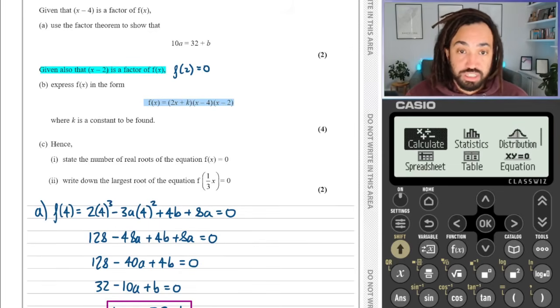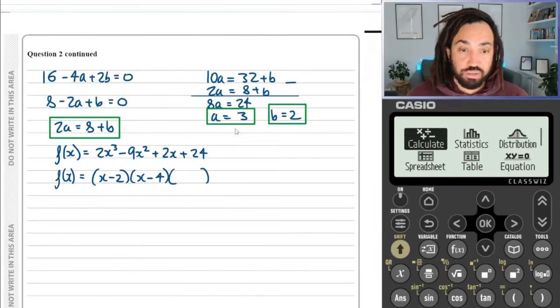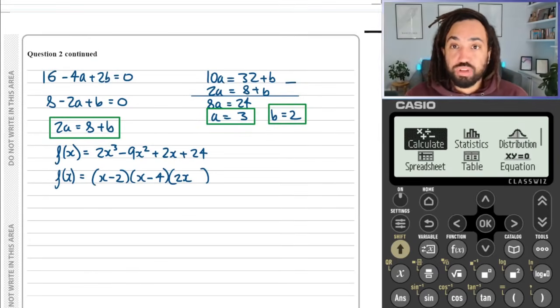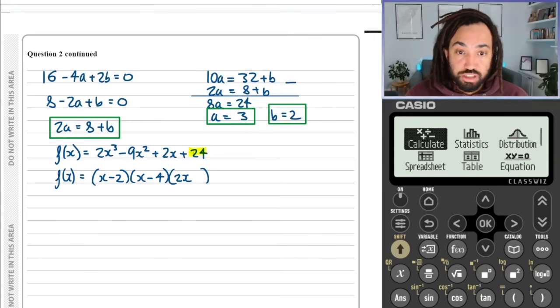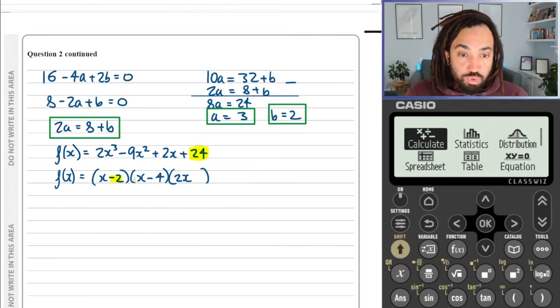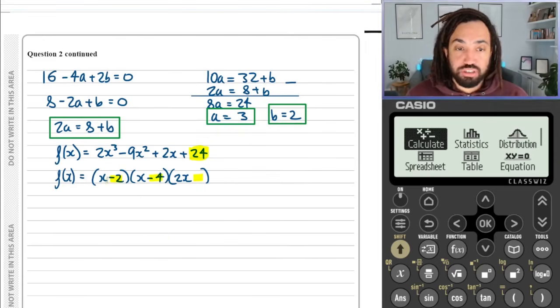And you can actually already see that 2x has to go in the bracket which we need to find. So 2x needs to go here. Now, what's going to make all the difference here is this term here, the constant term at the end. When we expand out linear factors, then the constant term will be all 3 of these terms multiplied together.